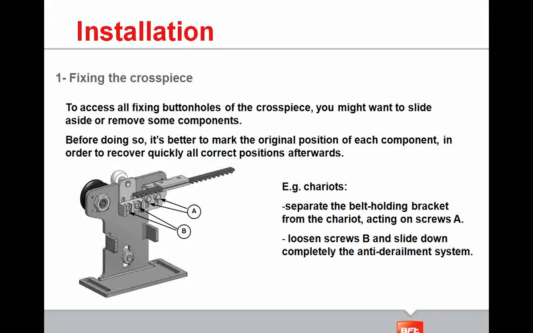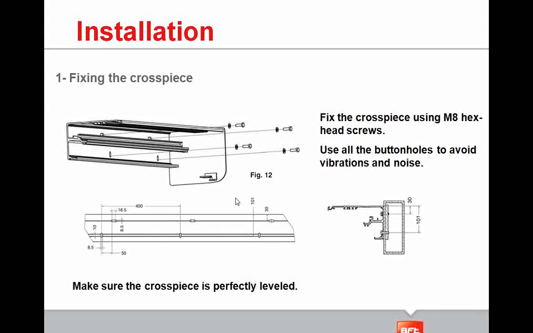It is safe, and then it is simple to mount the door again. For example, you have to separate the bell holding bracket from the chariot by loosening the screw A, and then you have to loosen also the screw B and slide down completely the anti-derailment wheel. So this is the first step to install the door.